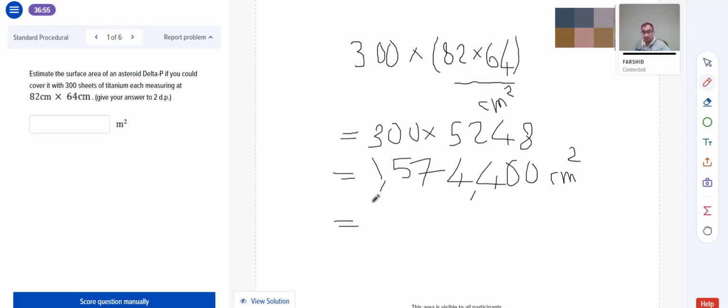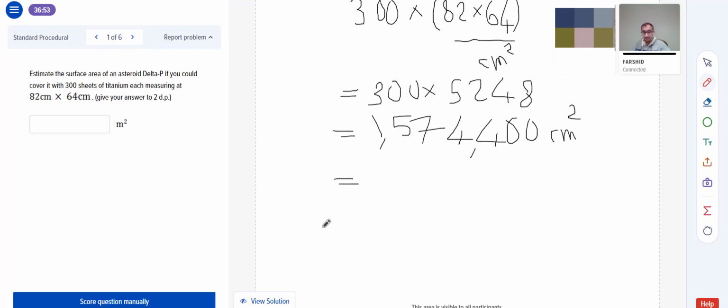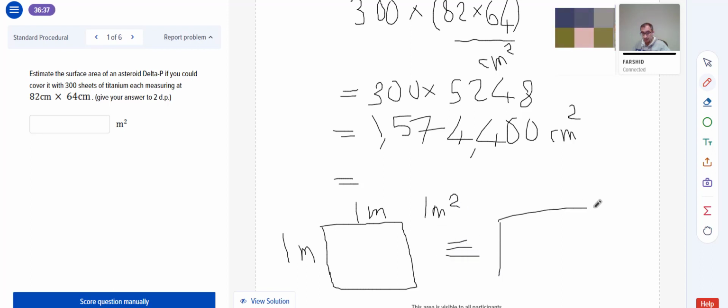So what does it mean? If you have a square meter, I mean 1 meter multiplied by 1 meter is called 1 square meter. And if you want to write its equivalent in centimeters, they are exactly the same, but you show it in centimeters.